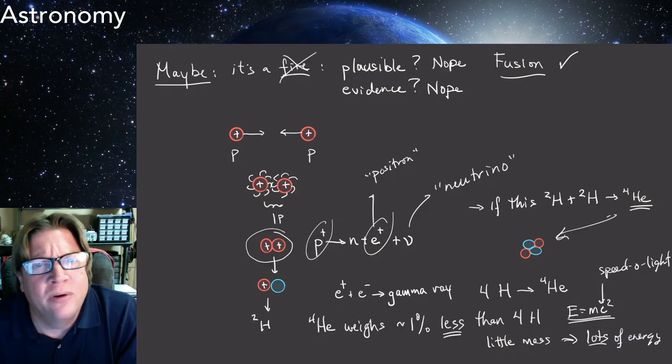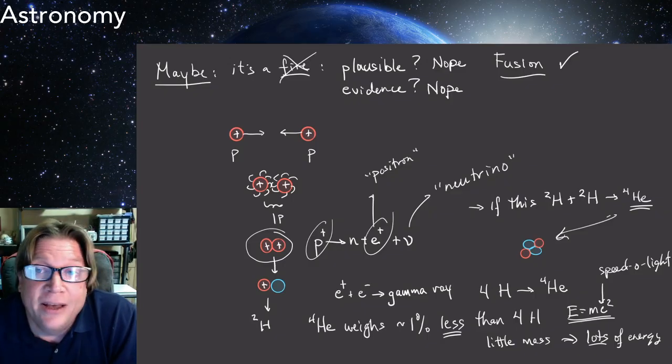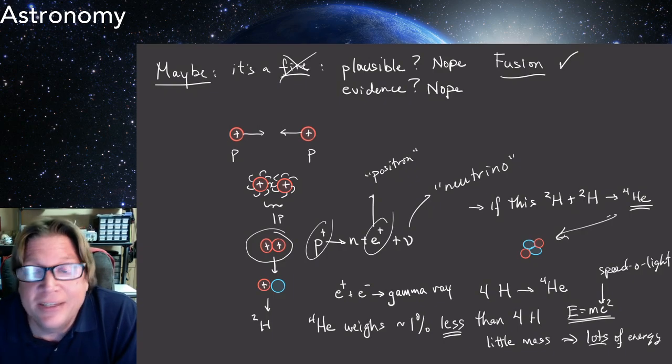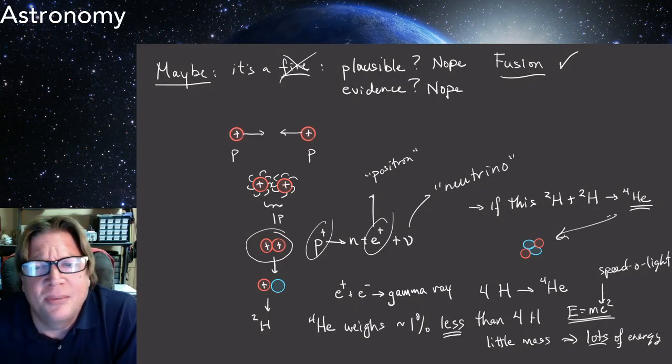It's much more energetic than just burning. This is why, by the way, we're so afraid of nuclear weapons, that we have done this. So this doesn't just take place on the sun. We've actually done this on the Earth. Where was this done? It's done in the middle of hydrogen bombs back in the 50s. I don't even think we test them anymore. But back in the 50s, we figured out how to do this.